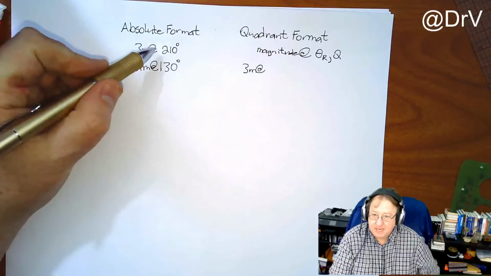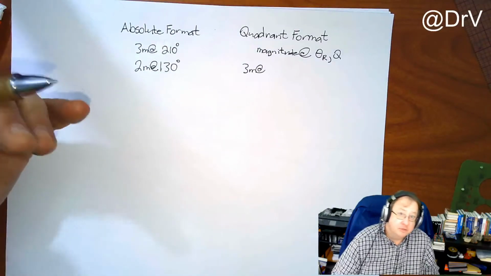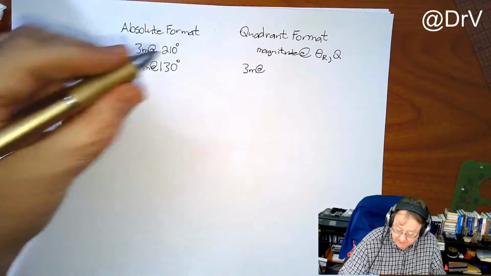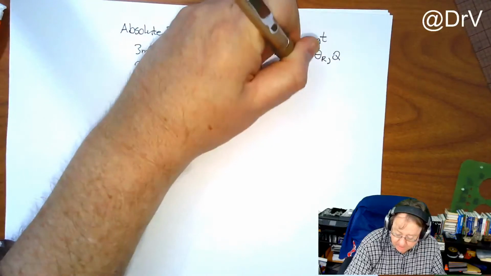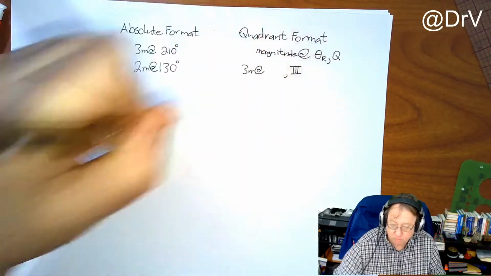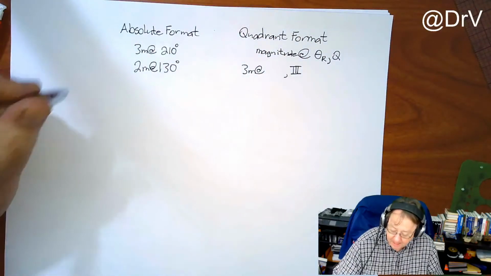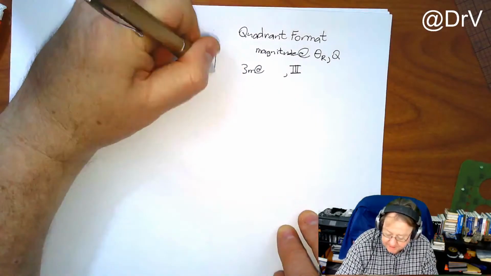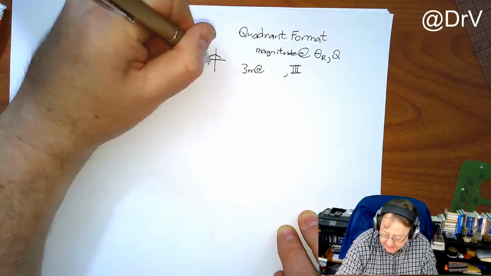A 210 degree angle is a third quadrant vector, so you write down a Roman numeral 3.